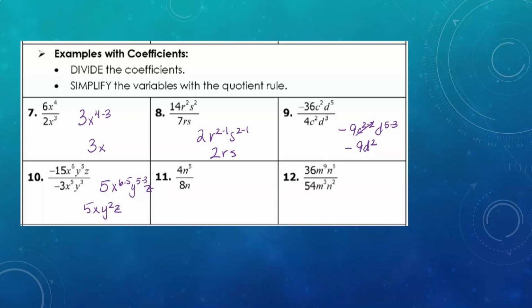4n to the 5th divided by 8n is 1 half n to the 5 minus 1 power. That stays up in the numerator for now. That's going to change when we get to negative exponents.